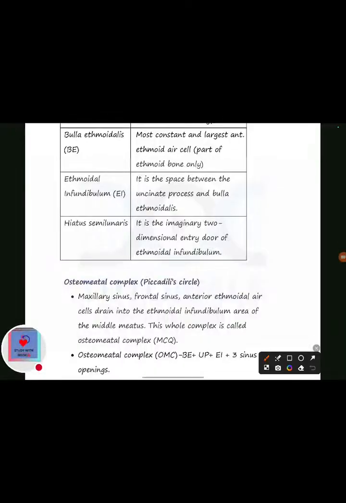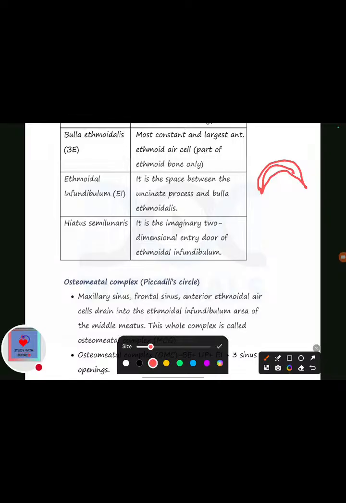And the space between them: what is the uncinate process? Sickle-shaped bone covering the bulla ethmoidalis, and the space between the two. This is the sickle-shaped bone which covers the bulla ethmoidalis, which is the large ethmoid air cell in the middle.